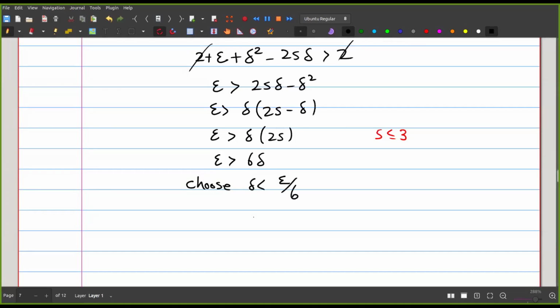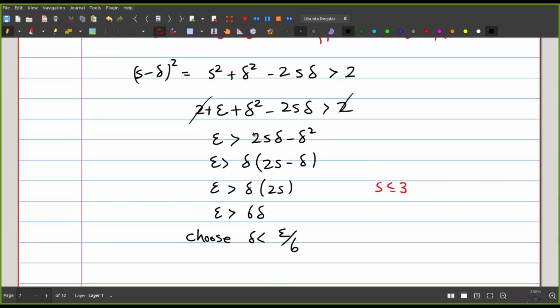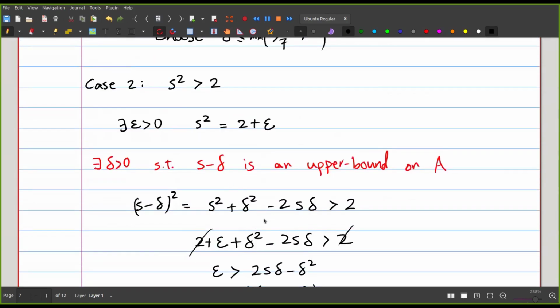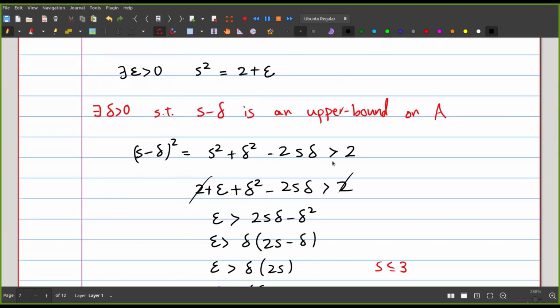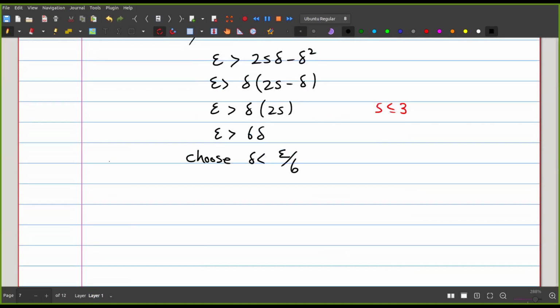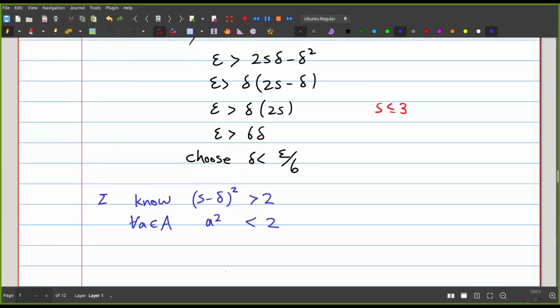And of course, you can do this. And then you can just do all of these computations, and you will see that (S minus delta) squared is greater than 2. Now, what do I know? I know that (S minus delta) squared is greater than 2, but also I know that for every number a in A, a squared is less than 2.